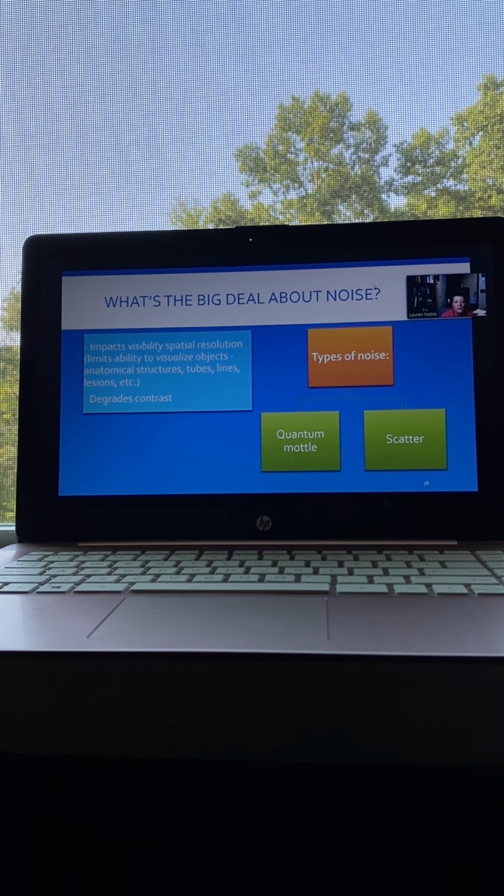So what is the big deal about noise? The big deal about noise is that it will impact our visibility of spatial resolution. It impacts our ability to see those structural edges.